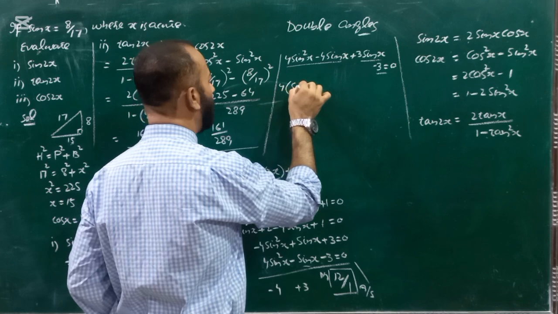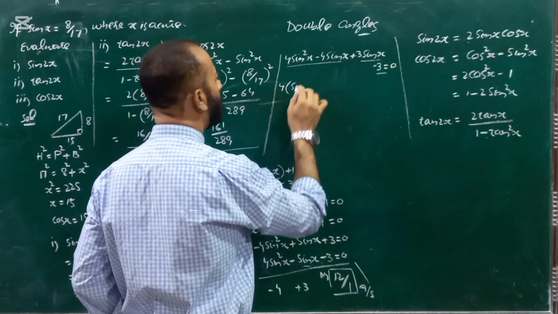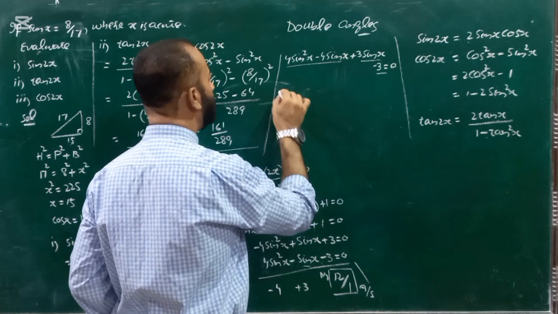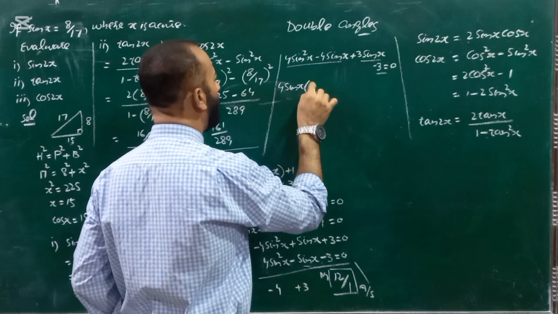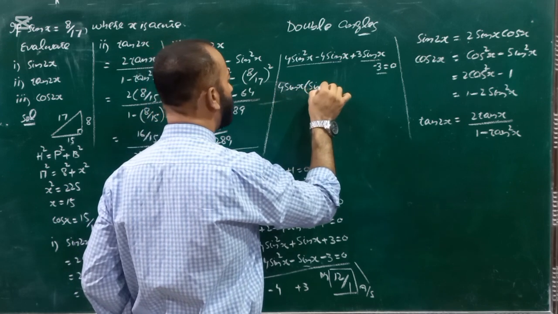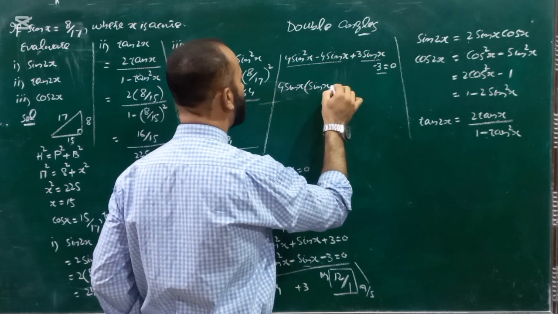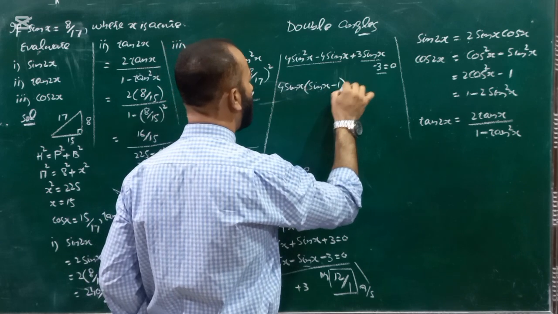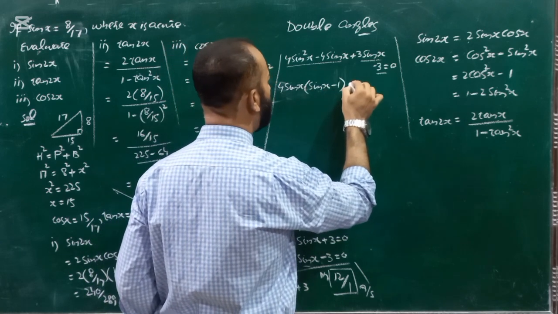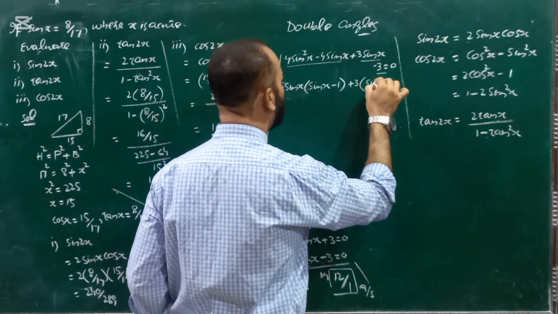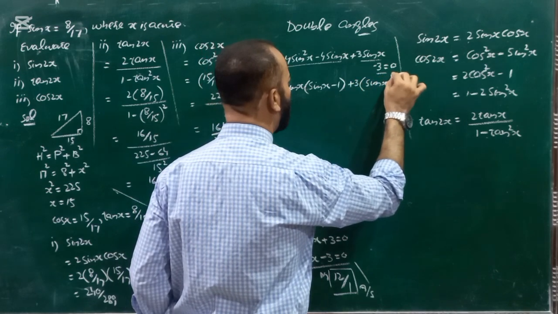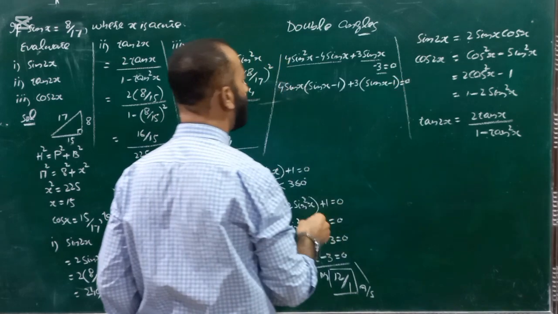Remainder is sin x. Okay, 4 sin x is common. Remainder is sin x minus 1. In second pair, plus 3 is common. And remainder is sin x minus 1 equal to 0 is still there.